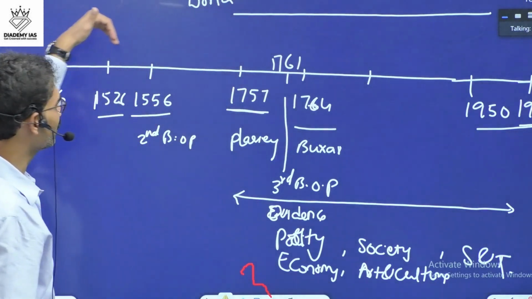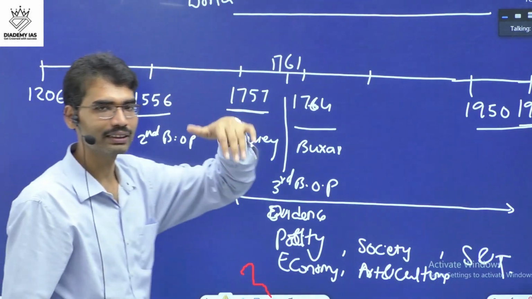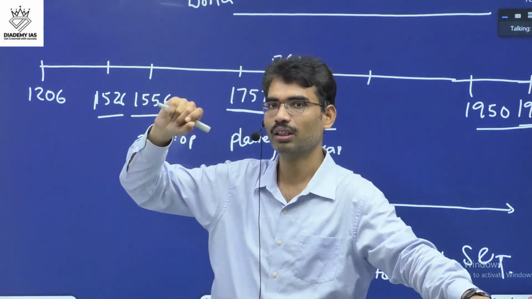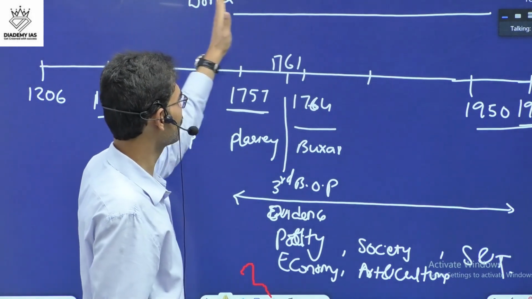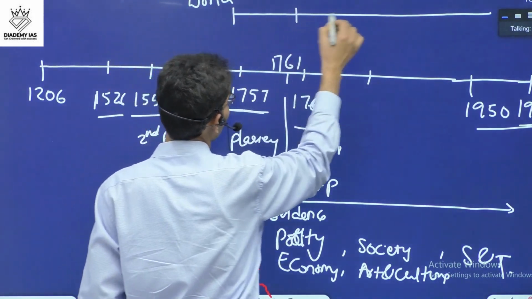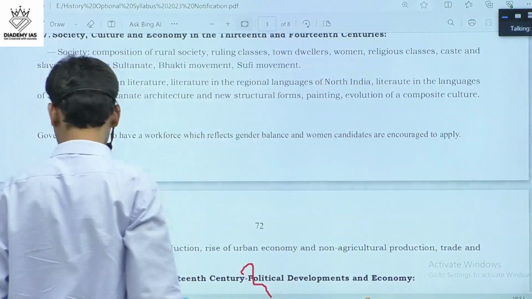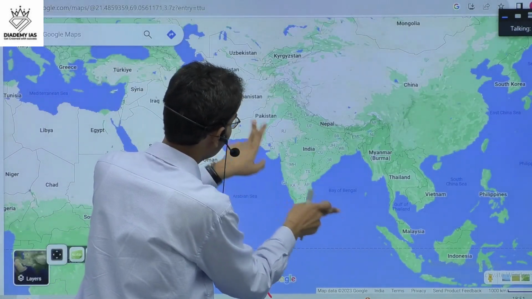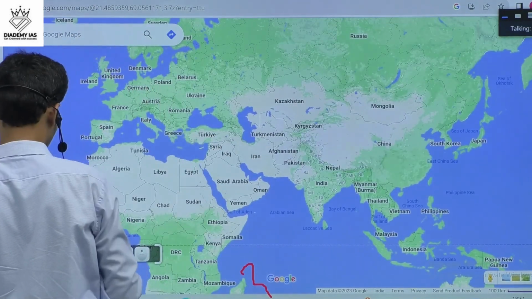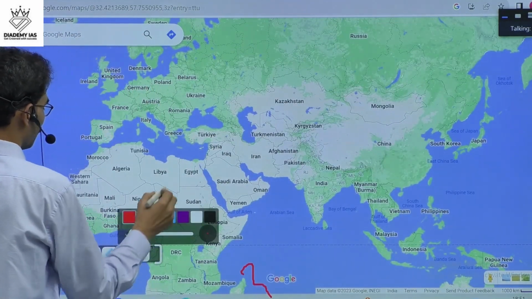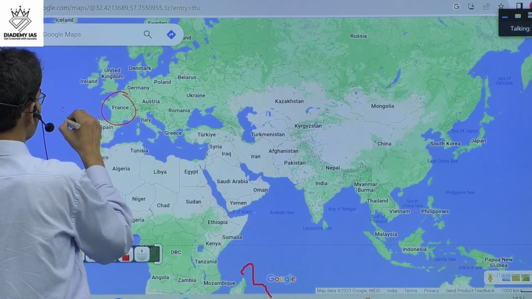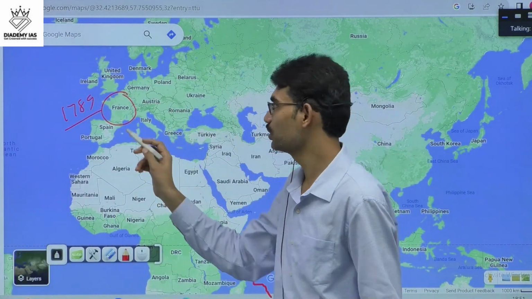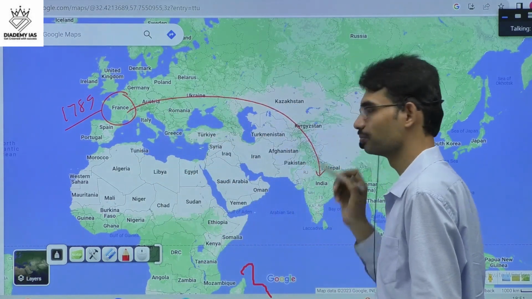When it comes to ancient and medieval, whatever is happening at the global level, the impact is limited, slow. But from the 18th century onwards, whatever developments are taking place at different points of the globe, for example, in 1789, the French Revolution took place, and this French Revolution influenced Indians.